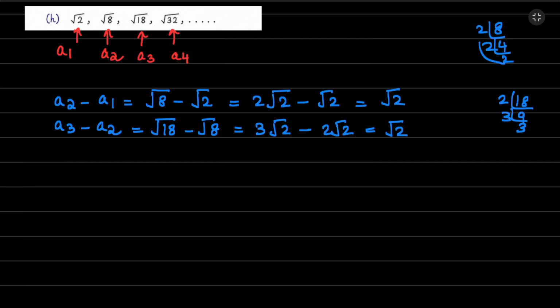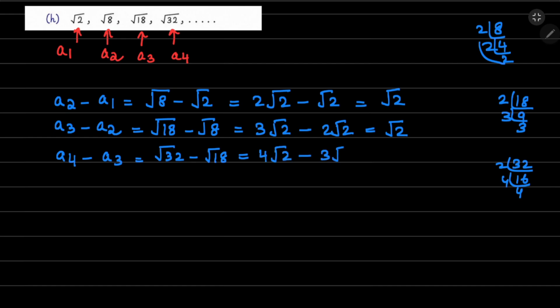Now the next one. What is your A4 minus A3? A4 is root of 32 minus the third term root 18. So the 32 is nothing but you can write it as 4 root 2. So 4 root 2 minus root 18, which is 3 root 2, is equal to, again 4 minus 3 is 1, it is just root 2.